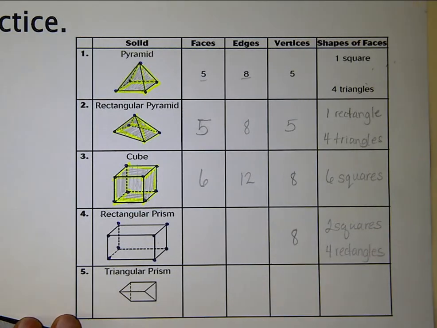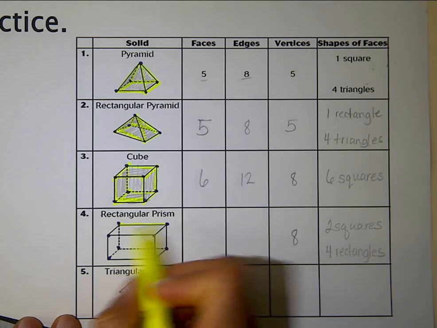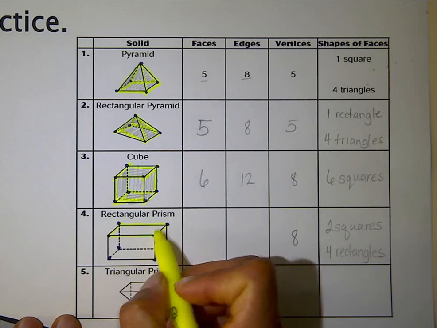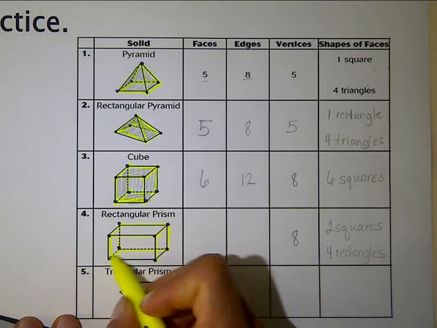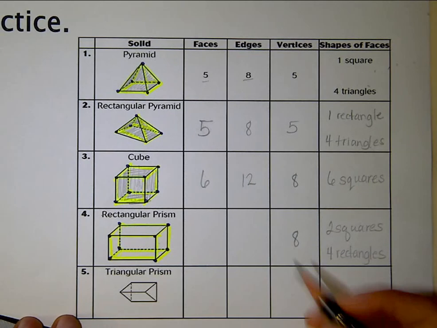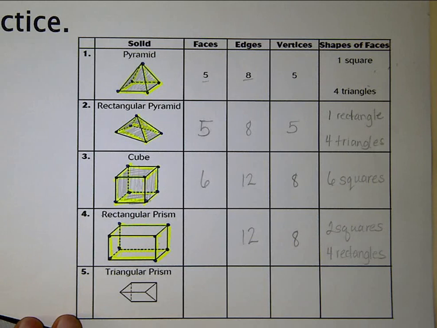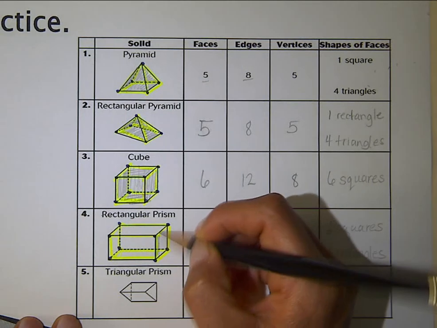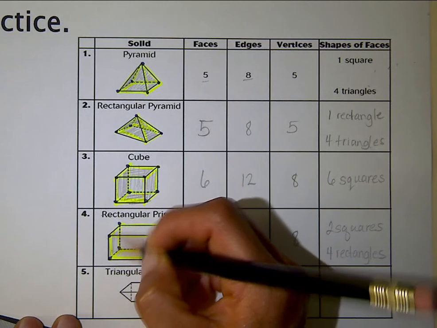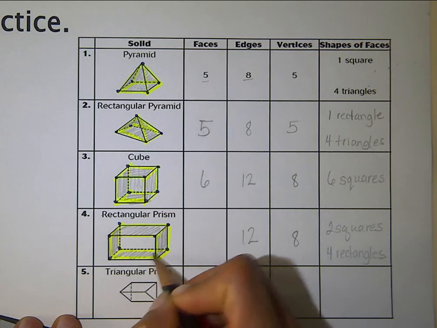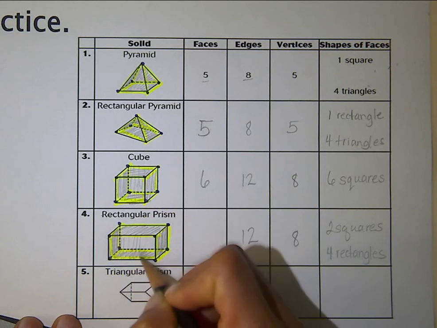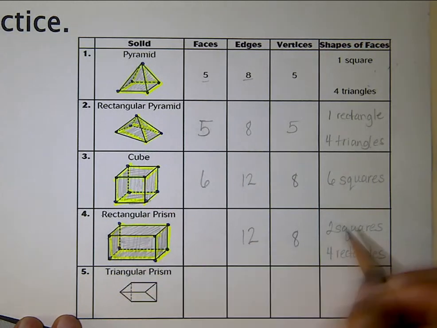Okay, let's go ahead and do the edges. 1, 2, 3, 4, 5, 6, 7, 8, 9, 10, 11, 12. 12 edges. Let's go ahead and shade our faces. 1, 2, 3, 4, 5 is the front, and 6 is the back. 6.